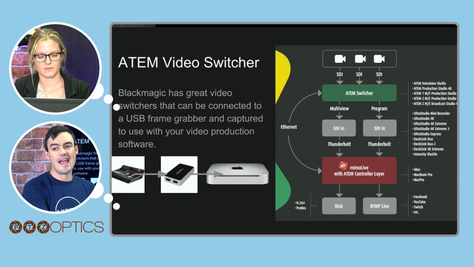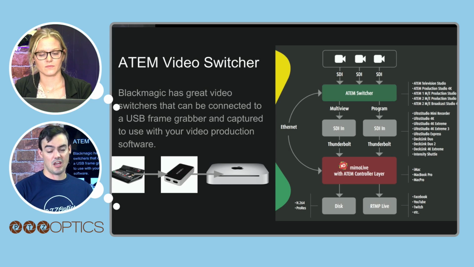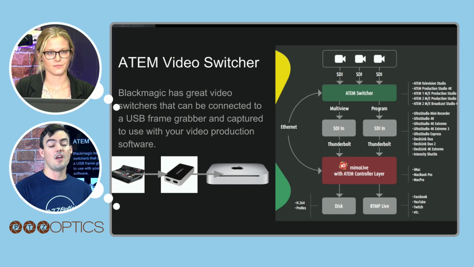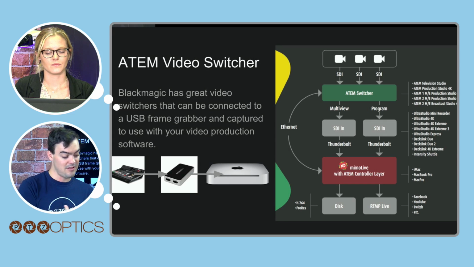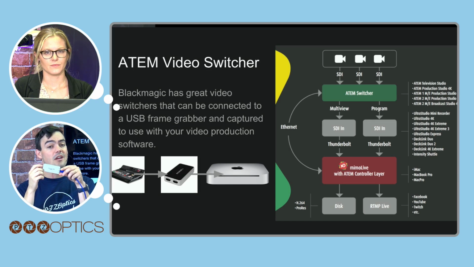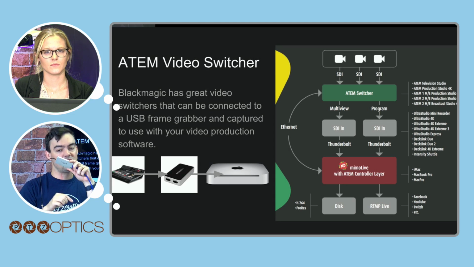So if you take all of that video switching and put it into a Blackmagic switcher or any hardware-based HDMI or HDSDI switcher, and you take the output of that video switcher and plug it into a capture card, now your computer is only processing one video feed and you're switching all the cameras upstream.